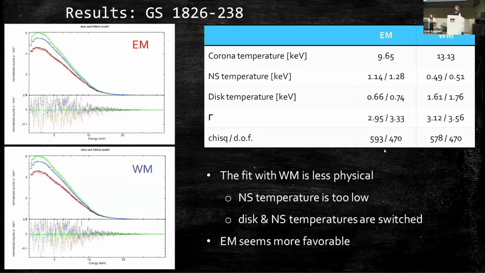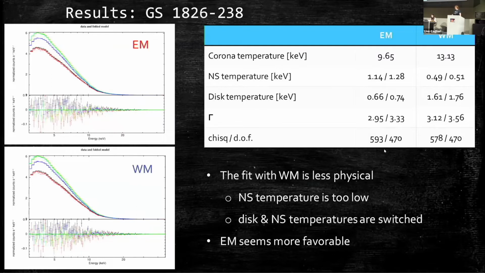This should be around 1 or 1.5 keV, and you can see that it's very low, basically around 0.5 keV. So for this reason, the model with the shell corona seems to be more favorable.